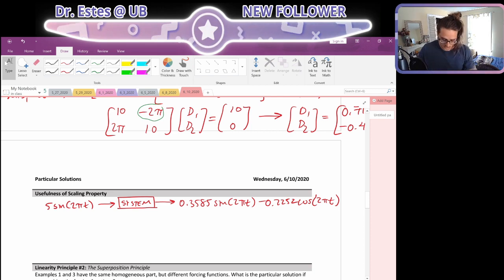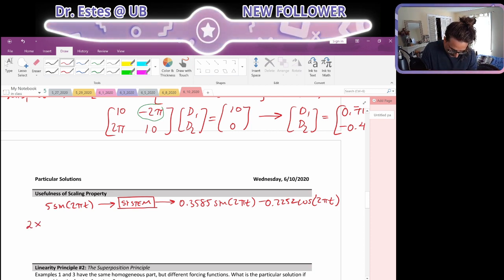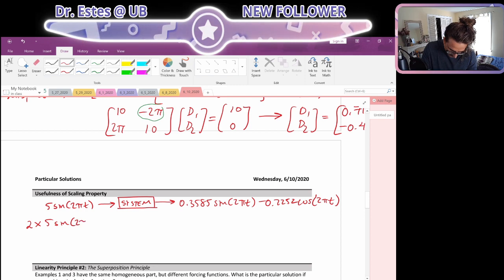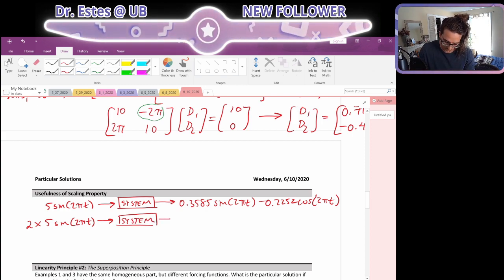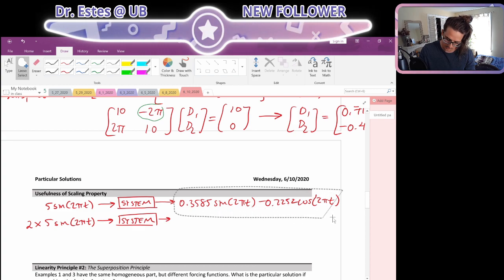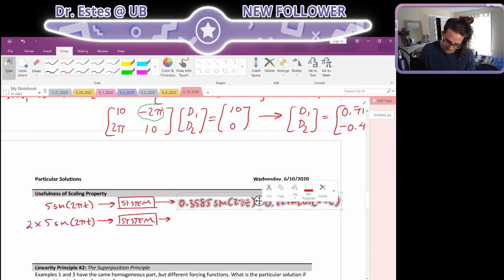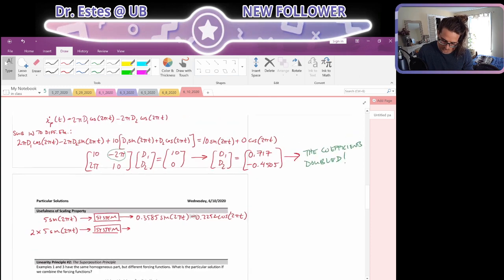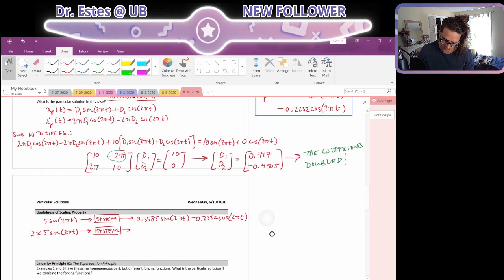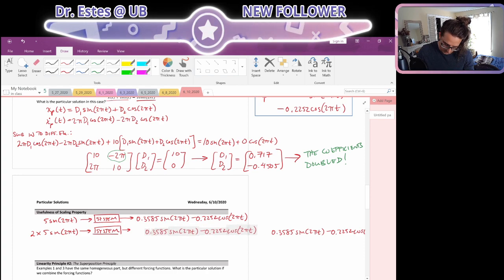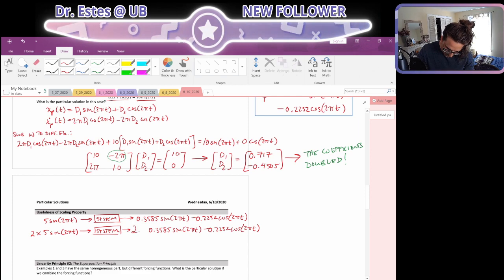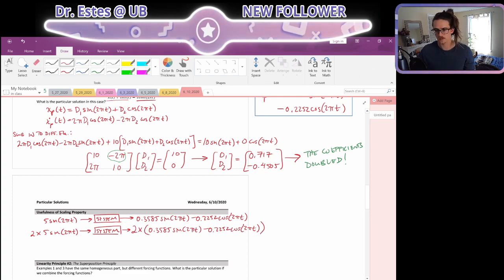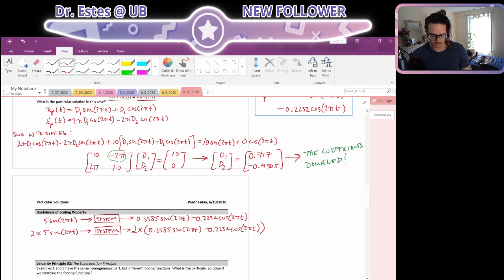Then we said, okay, what if I take 2 times that and put it through the same system? What we found was that the particular solution was just multiplying the original particular solution by 2. So 2 times this would double each of the coefficients out in front.